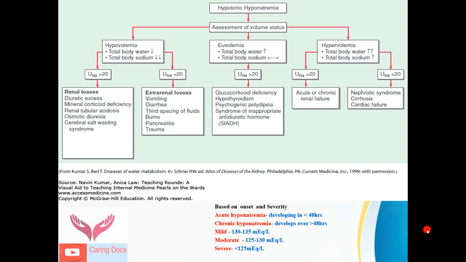Similarly, mild hyponatremia is when the sodium value is between 130 to 135 milliequivalent per liter. Moderate hyponatremia is when the sodium value lies between 125 to 130 milliequivalent per liter. And severe hyponatremia is when the sodium value lies less than 125 milliequivalent per liter.